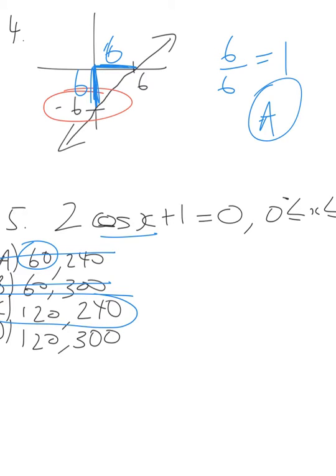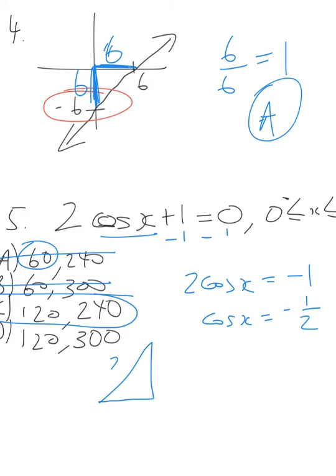Alright, now without multiple choice, we have to solve the equation. So let's take away 1 from both sides. So we get 2 cos x equals -1. Divide by 2. So we get -1/2. Now we go to our exact ratio triangles on the formula sheet, and we will see that 1/2 for cos is 60.